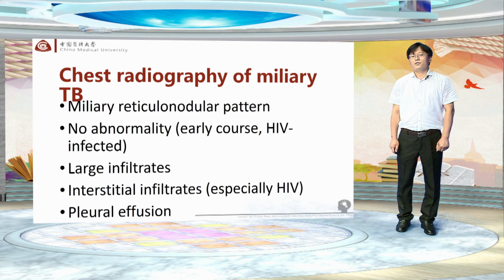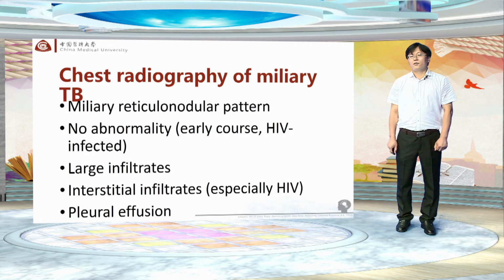Miliary tuberculosis patients have a specific chest X-ray appearance. It is called a miliary reticular nodular pattern. But in the early course or in HIV-infected patients, the chest X-ray may show nothing.